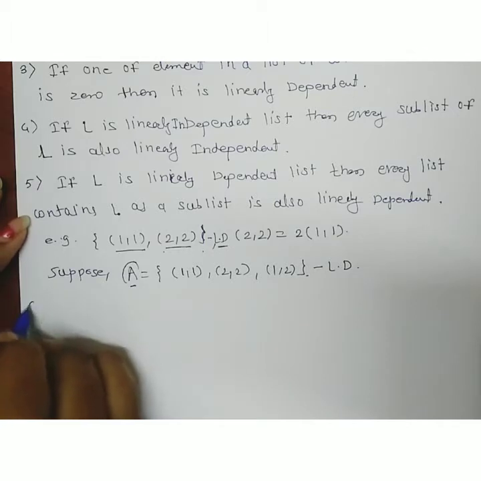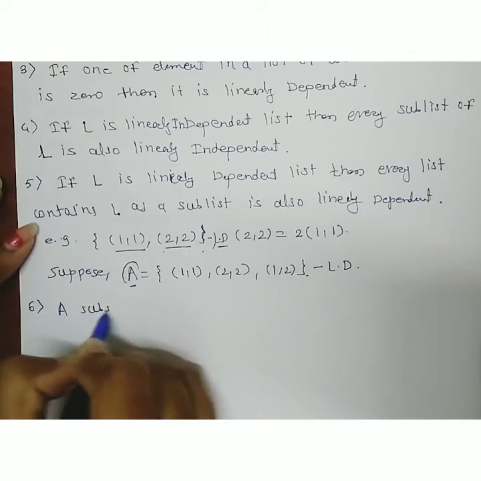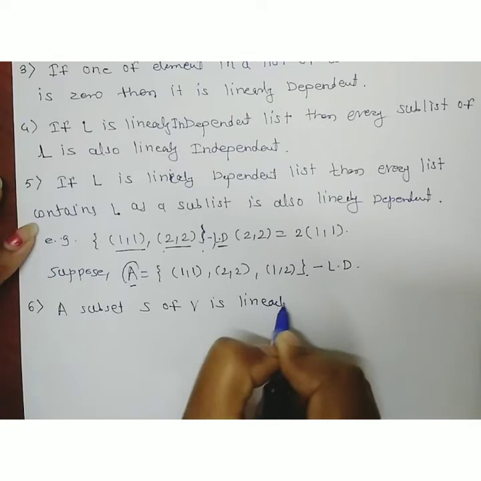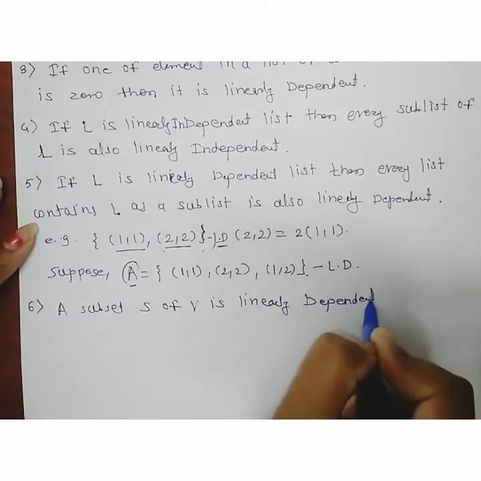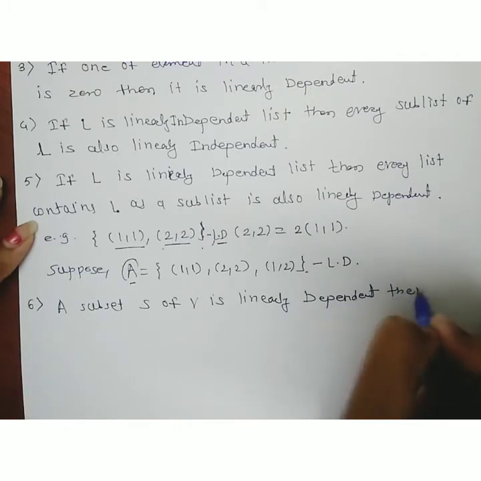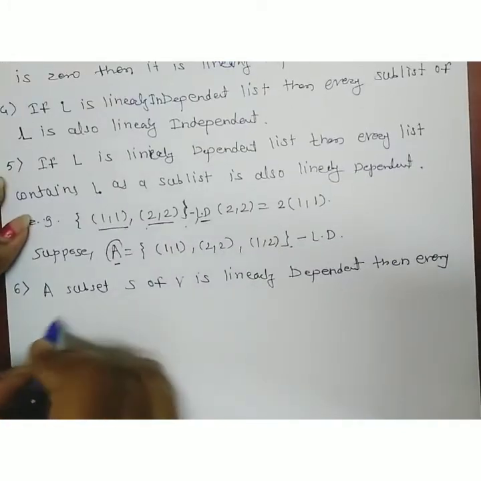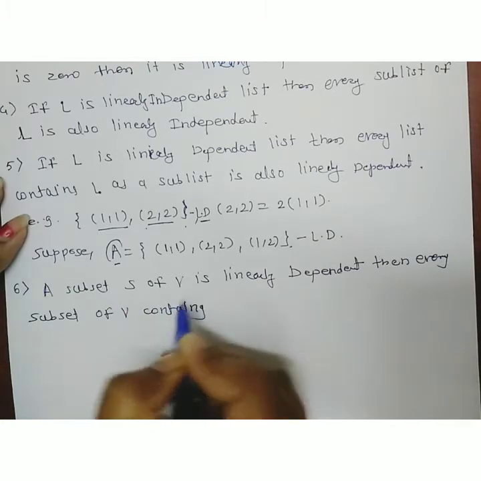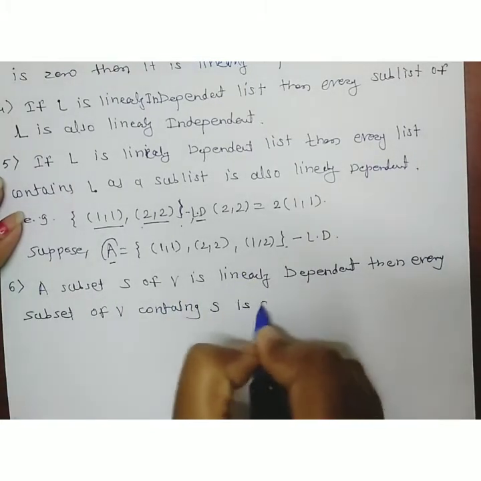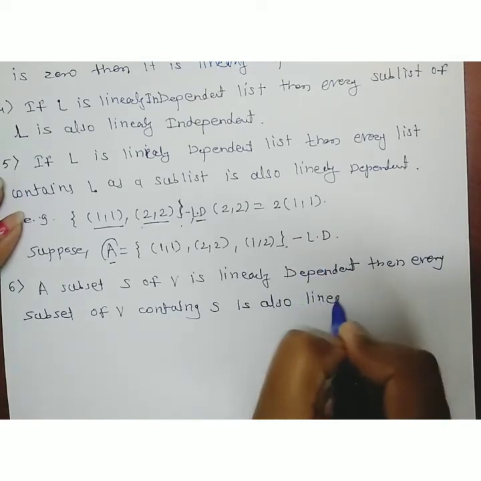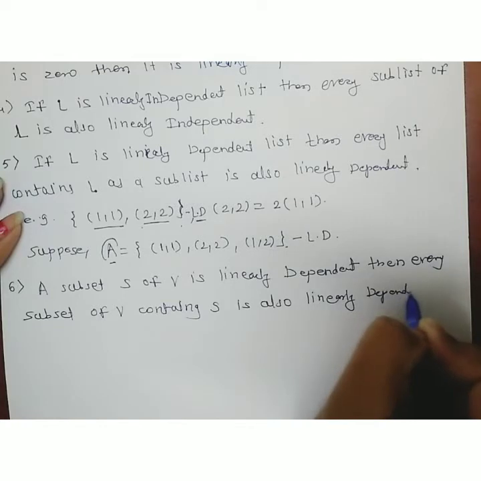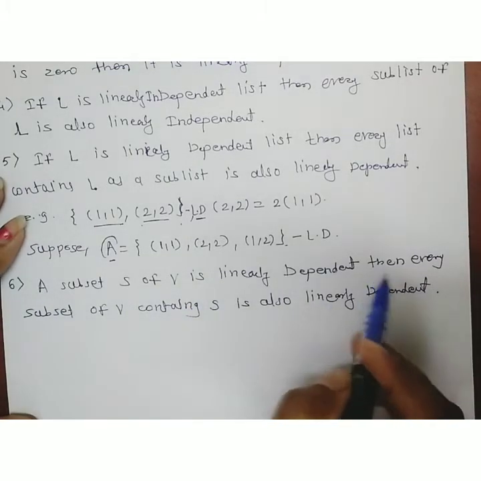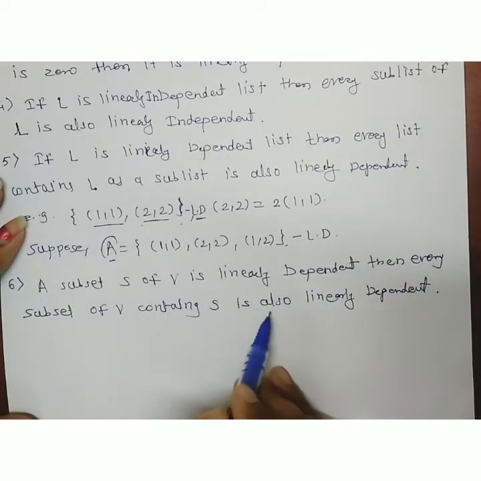Now the next note says: if a subset S of V is linearly dependent, then every subset of V containing S is also linearly dependent.